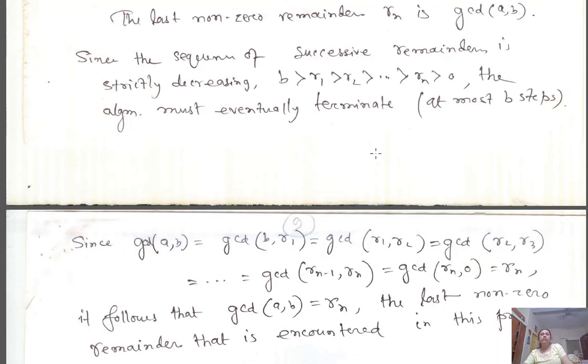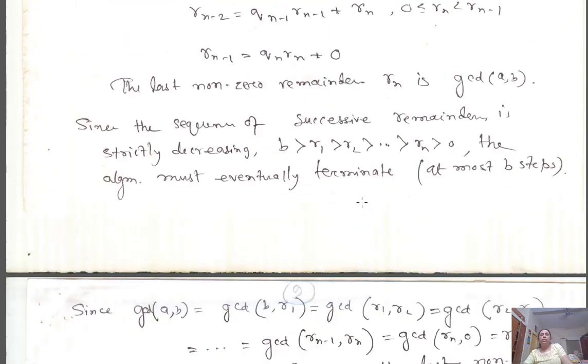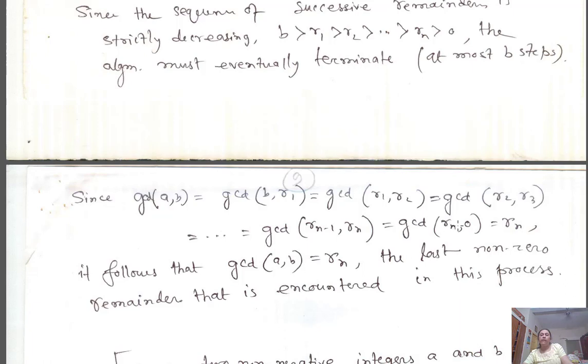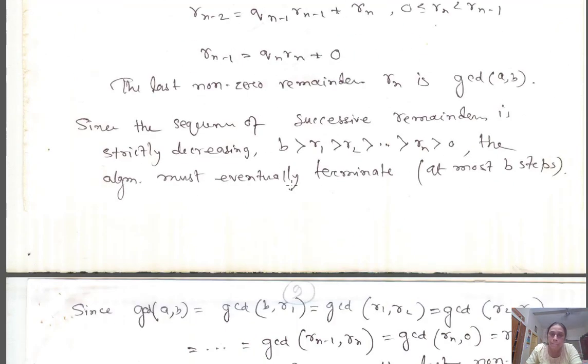Now if one element is 0, the GCD of Rn and 0 is Rn. If both are 0, we take the GCD to be 0. So the GCD of A and B is Rn. This means when the last remainder is 0, the last divisor Rn is the GCD.